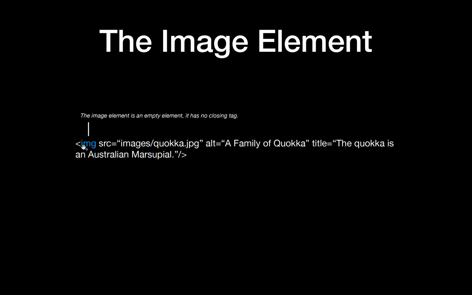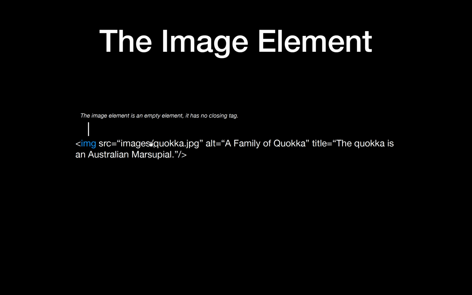So with image, we talk with source, SRC, and that tells you where that image is. You will notice here I'm pointing back on my own computer to my images folder particularly. Now, with the image source, you can pull images from the internet and link the web address directly in here as well.